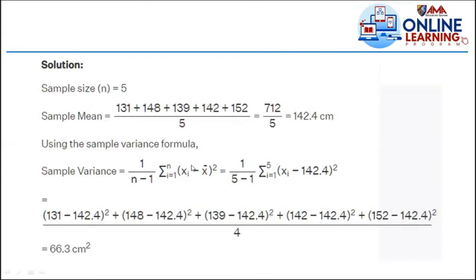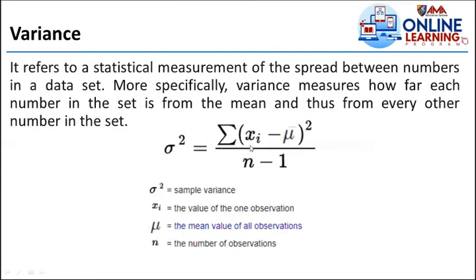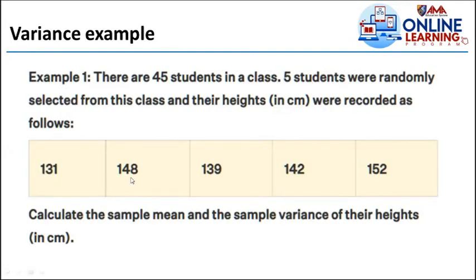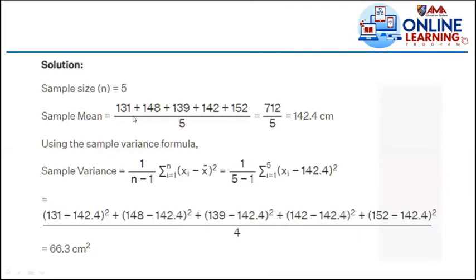Yung sample mean, ang formula po niya is mu, no? Ito muna ang kukunin natin, mu. So this is the same formula as our arithmetic mean or average. So gagawin po natin, we're going to sum up all this data, then we're going to divide it by 5. So we have 712 divided by 5.